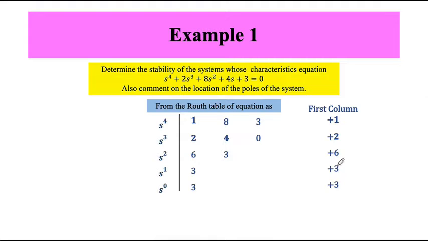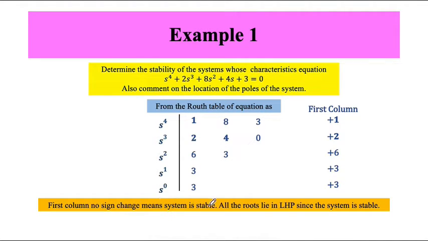So we can say the system is stable. All roots lie in the left half plane, hence the system is stable. No sign change means the system is stable, and since there is no sign change, all the roots lie in the left half plane.